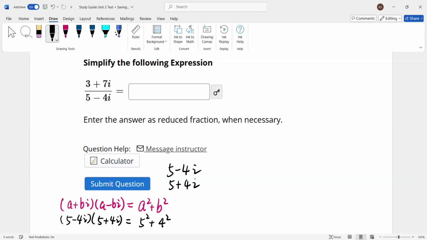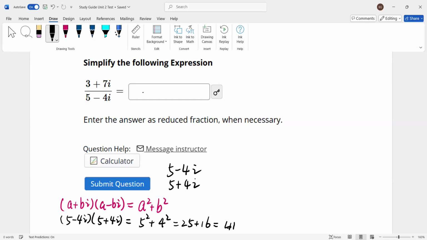So 5 squared is 25, 4 squared is 16, added together is 41.